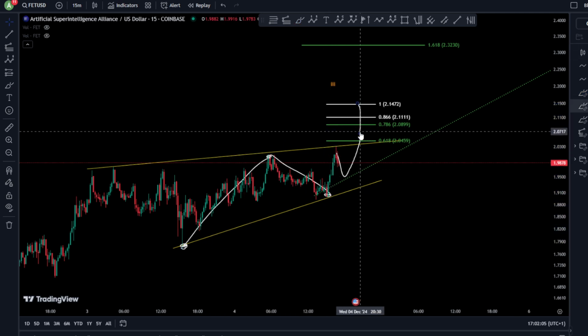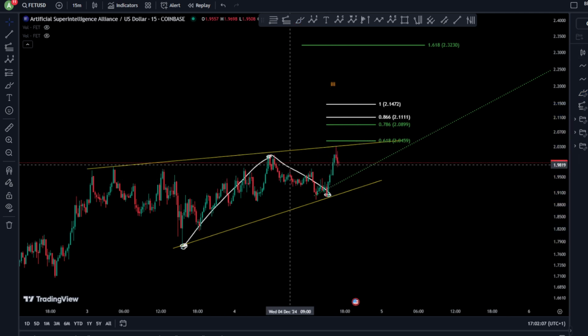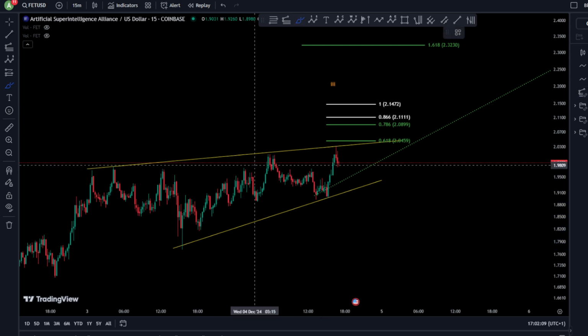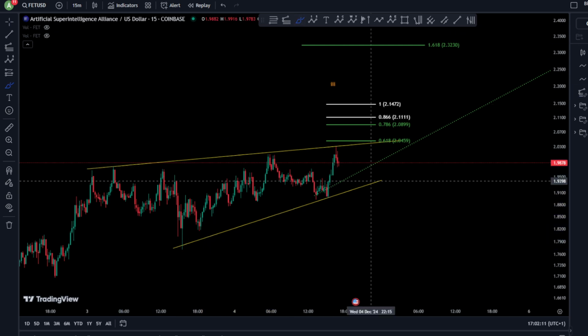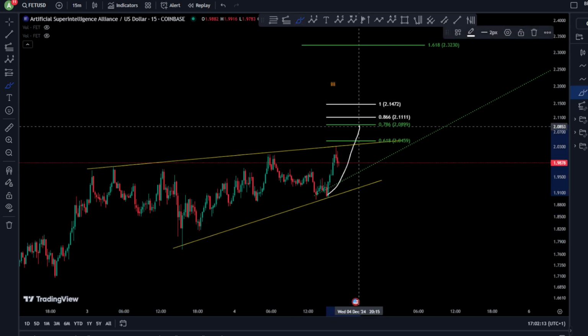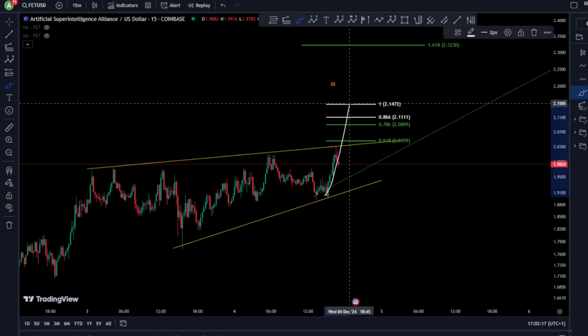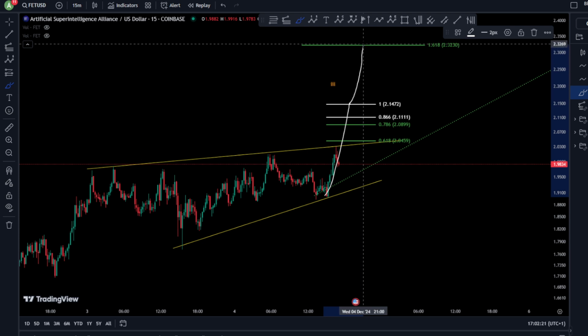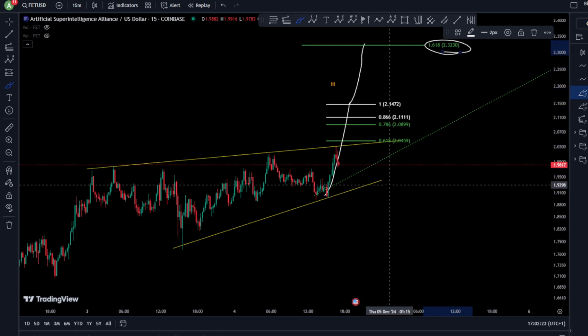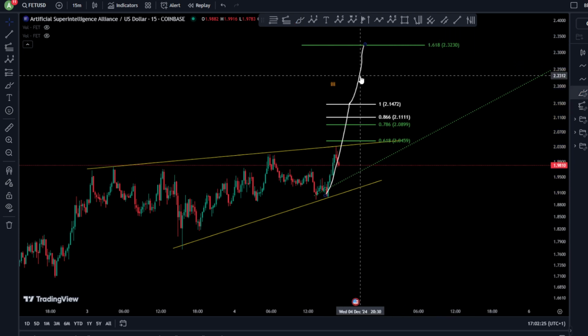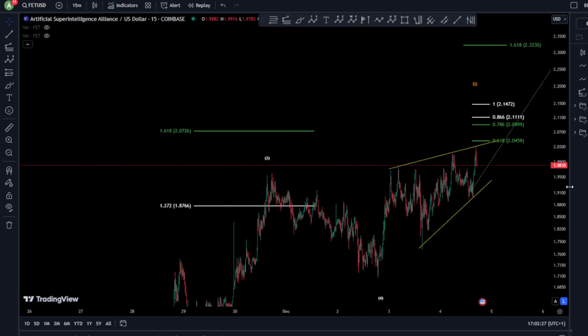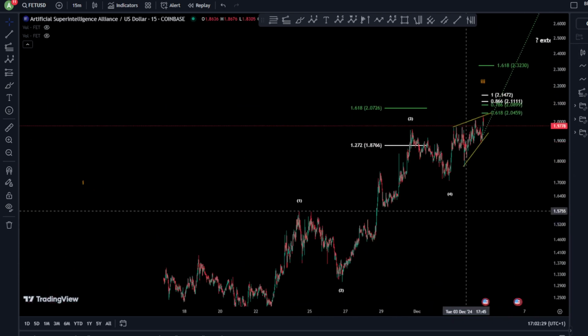And by all means, that is invalidation of your diagonal, and it doesn't mean that we are going bearish if it is invalid. It is totally the opposite. You are going higher. Once you reach this, it means this is a wave 3 and you are looking for 1.618, which is at $2.32 minimum. So yeah, this is for FET, the bullish scenario that we are still in.